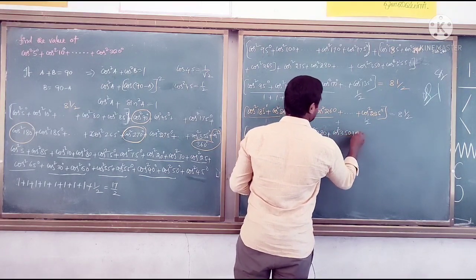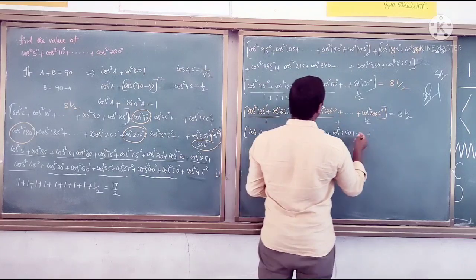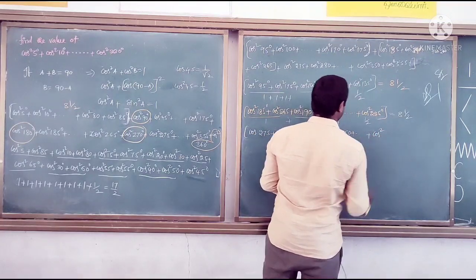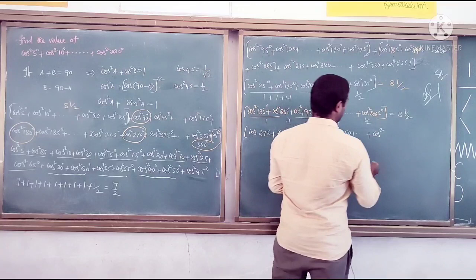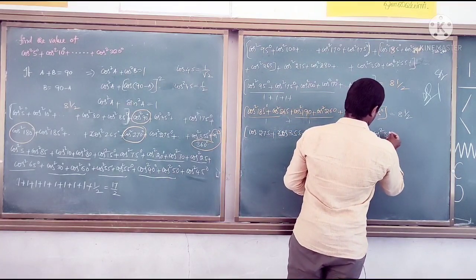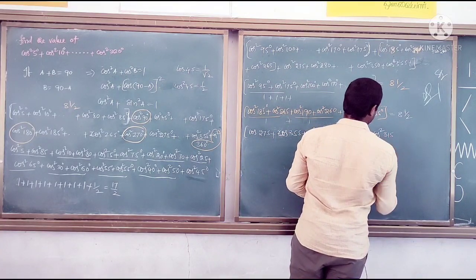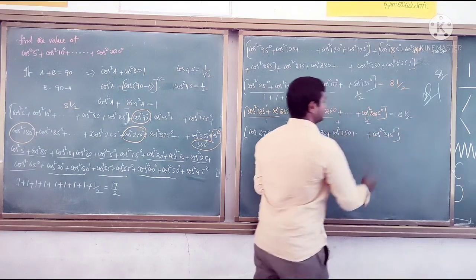If you take like this, in this series, what is the leftover term in the middle? Cos square of 315 degrees is left over.